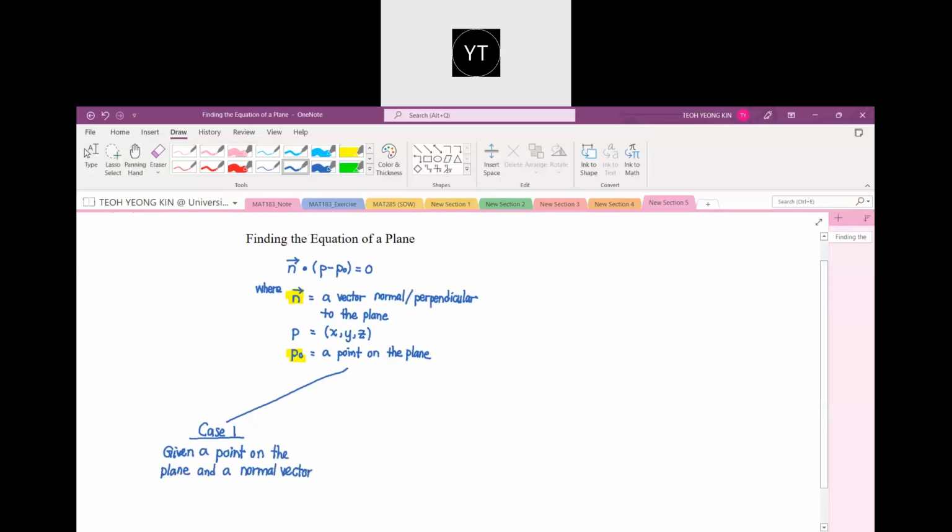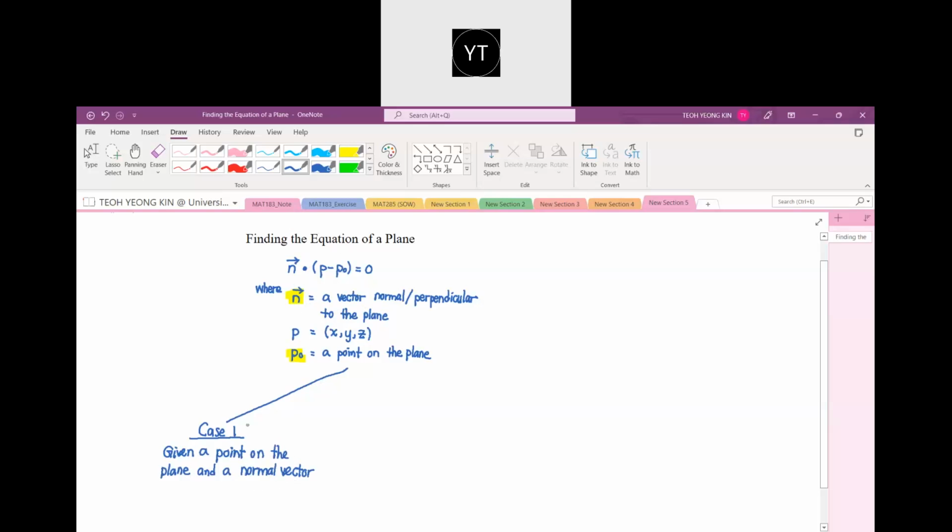This means that p naught is given, a point on the plane, and the normal vector, the n vector, is given. So we can straightforwardly substitute this information into the formula.